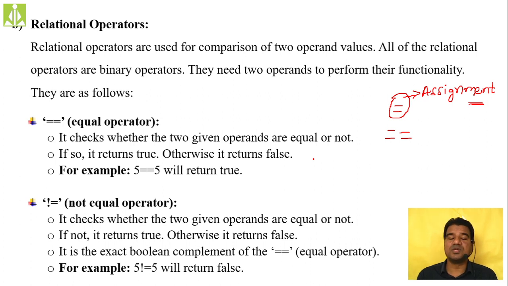These relational operators are all binary operators, they take two operands to perform their operations, and they always return Boolean values, either true or false.